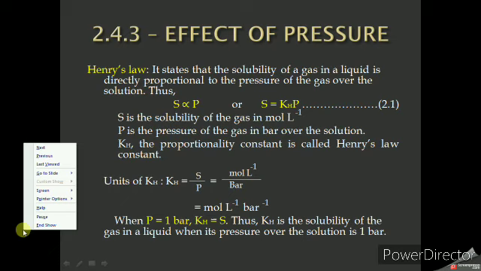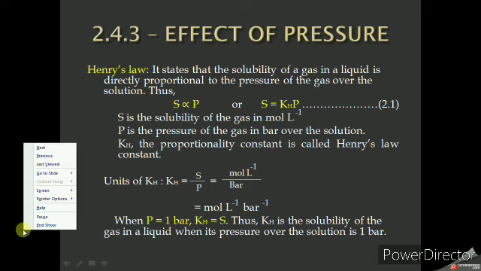Now, to get the unit of KH, we have to rearrange equation 2.1. So KH is equal to S divided by P. The unit for solubility is mole per liter and that of pressure is bar. So what is the unit for KH? It is mole per liter per bar.